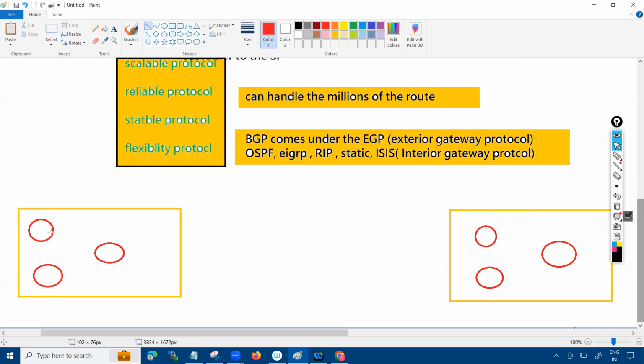Between them, we are going to run any of the routing protocols, maybe static or anything.